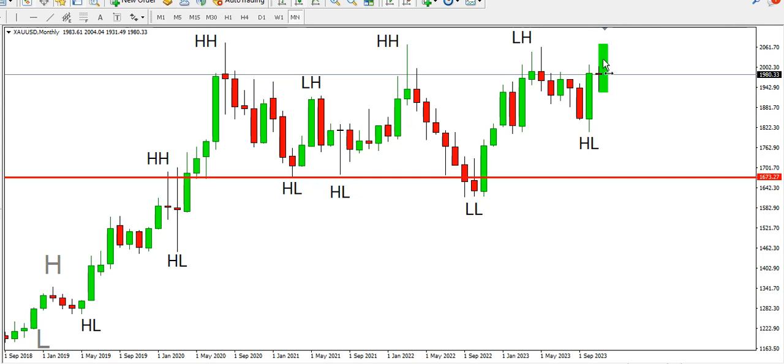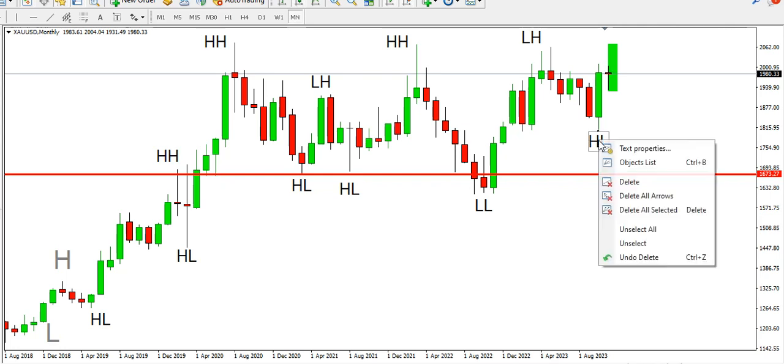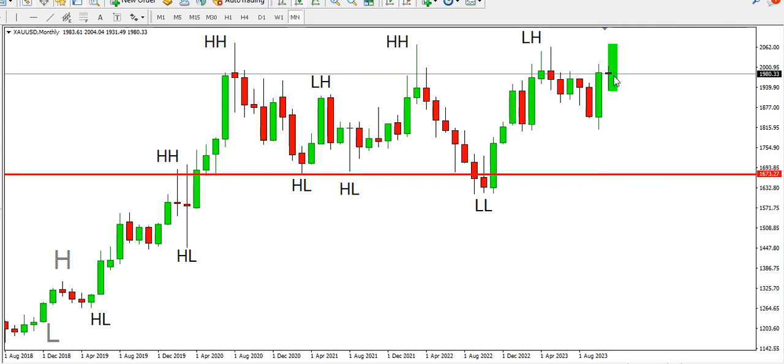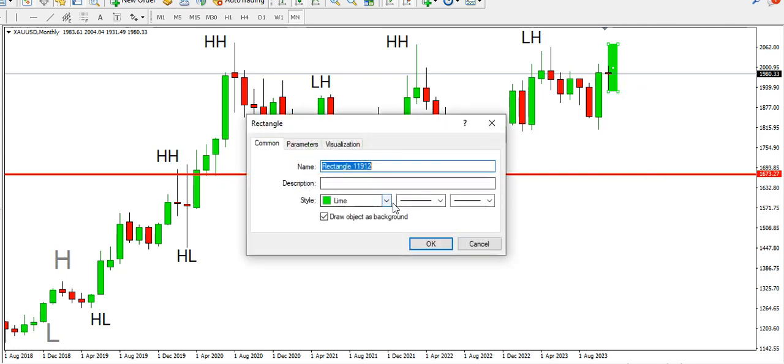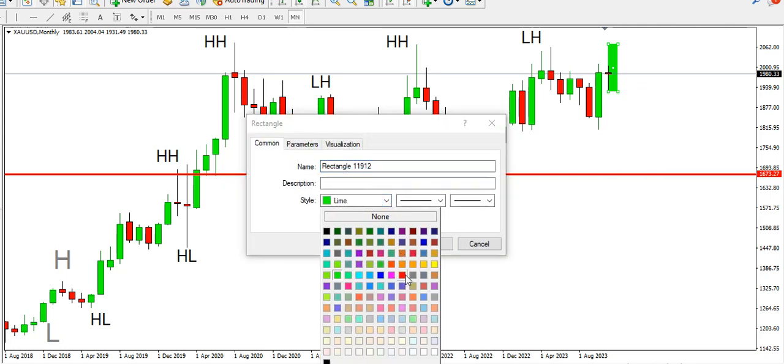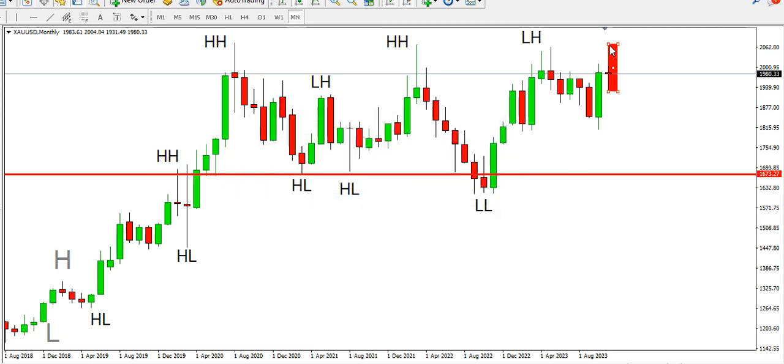But if it does not close as a bullish candle, but rather closes as a bearish candle, let's try and find a scenario where it closes as a bearish candle and drops lower. That means we have a lower low, we have a lower high. This will still give us a higher low.